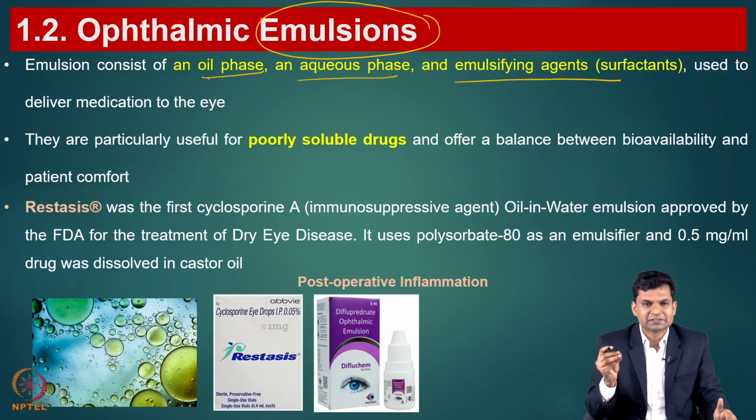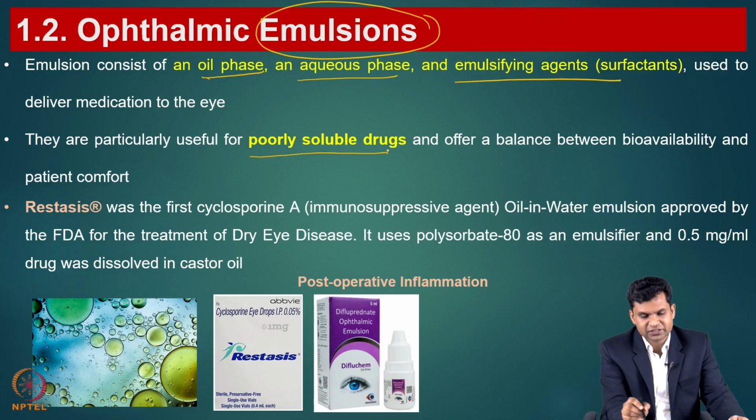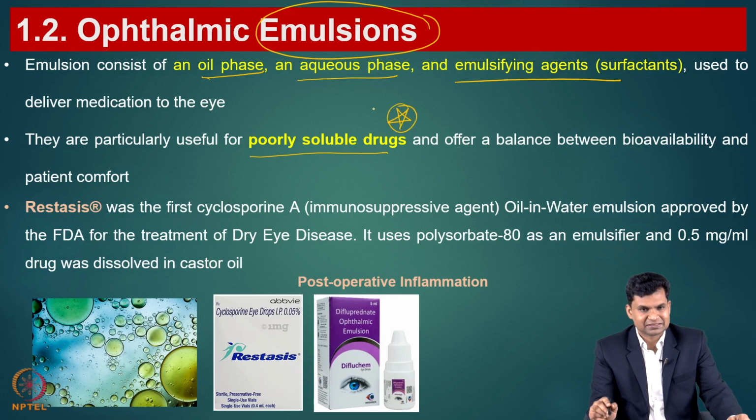If your drug is water soluble, then you need to add it in the aqueous phase, and if your drug is water insoluble, you need to disperse your drug in the oil phase. So in most cases we prefer these formulations for poorly soluble drugs.